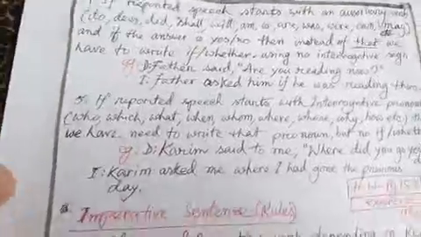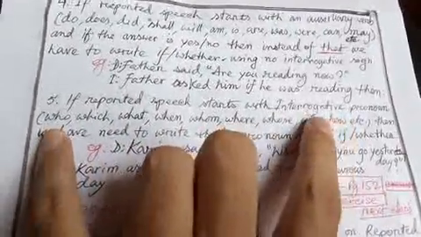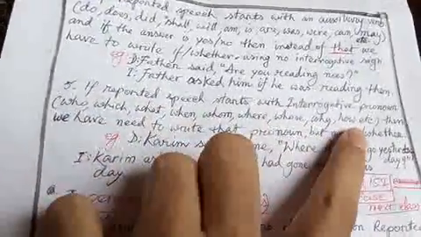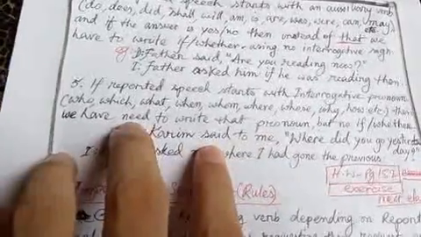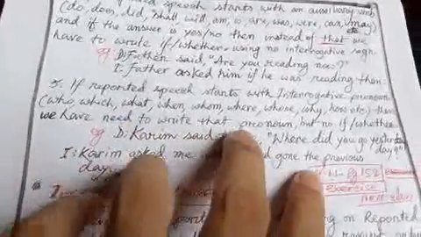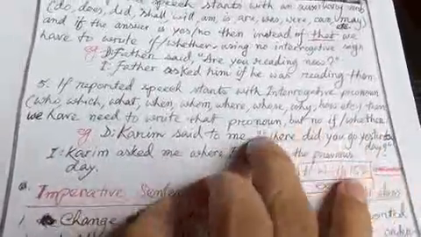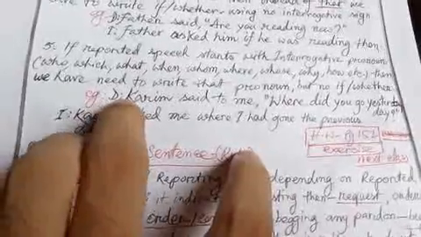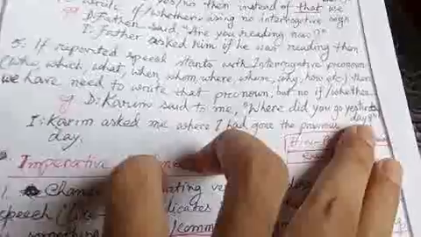Next rule: if reported speech starts with an interrogative pronoun, like who, which, what, when, whom, how, etc., then we have to write that pronoun, but no "if" or "whether". That pronoun will be the same. Example: Karim said to me, "Where did you go yesterday?"